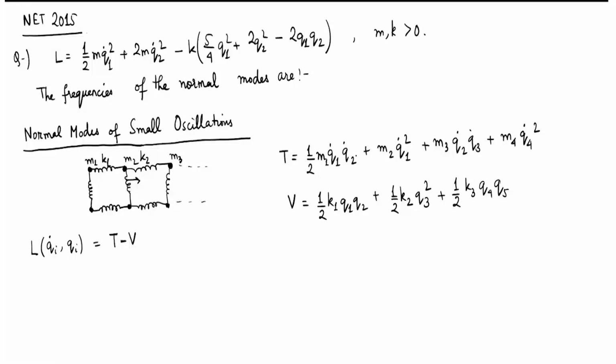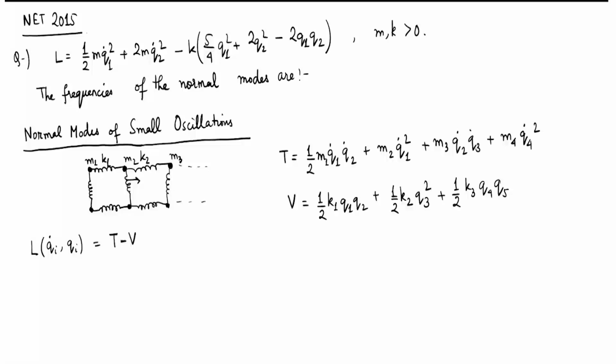I'm just telling you that qi dot are the generalized velocities and qi are the generalized coordinates. Now, you have to find what are known as the eigenfrequencies. These are the frequencies in which you decouple these masses as individual oscillators.